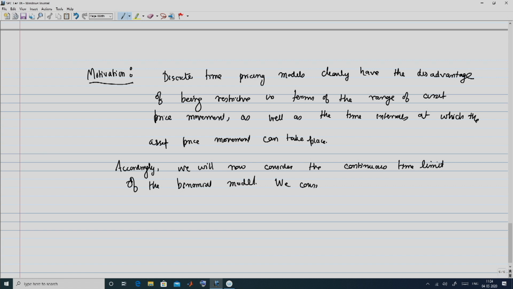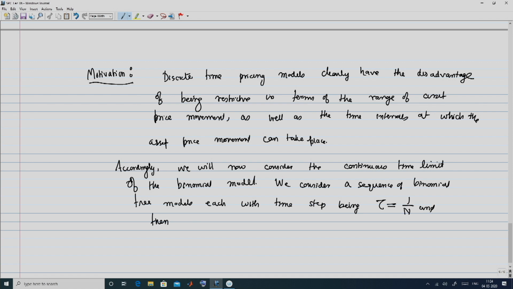So, what we do is that we consider a sequence of binomial tree models, each with time step being tau is equal to 1 over n, and then take the continuous time limit by letting n tends to infinity.